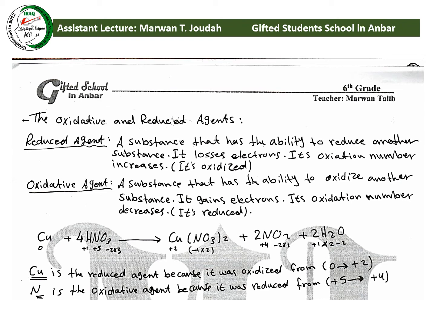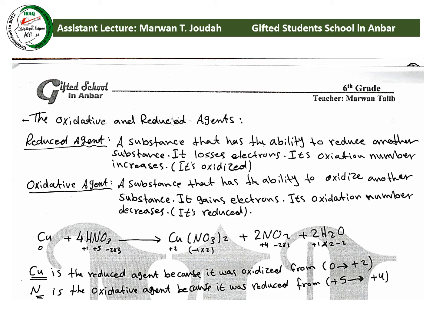So when you write a redox reaction, there must be an oxidizing agent and a reducing agent in the equation. A reducing agent is a substance that has the ability to reduce another substance, which means that it loses electrons, okay?